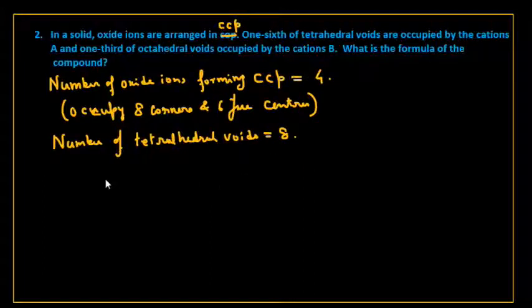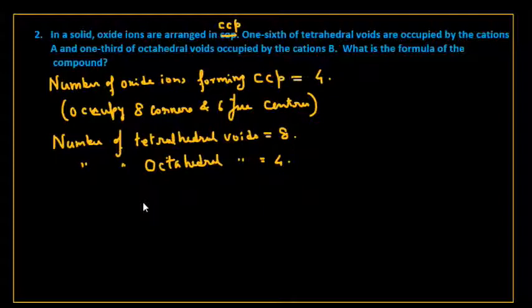Number of octahedral voids is equal to 4.